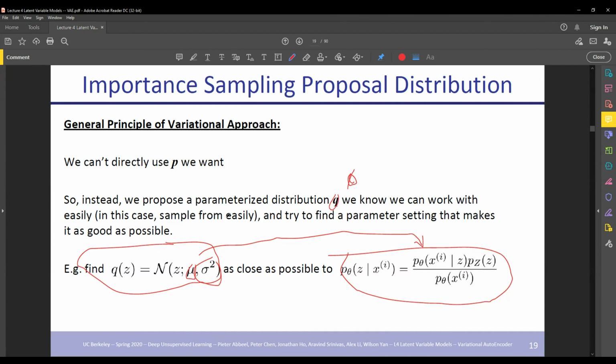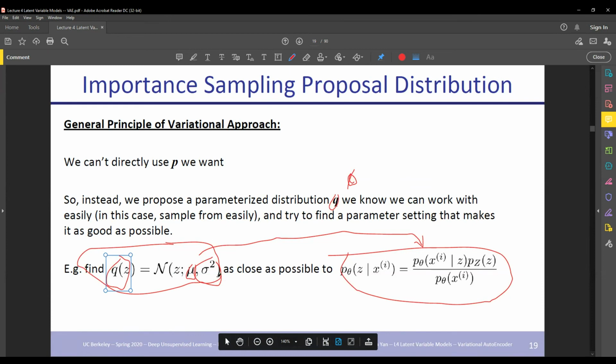So the point he was trying to drive across is that importance sampling works regardless of the choice of Q. It's independent. But by choosing Q of Z to be as close as possible to the posterior, what we are achieving is efficiency, not correctness, because correctness is guaranteed by the importance sampling approach. But the efficiency is something we still care about, and therefore we try to make these two things as close as possible.